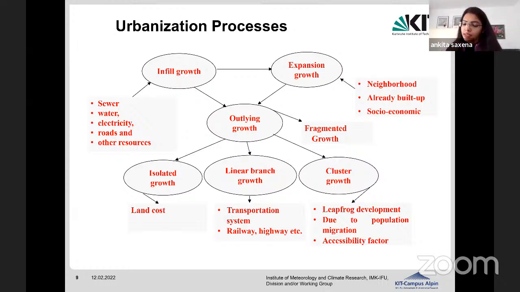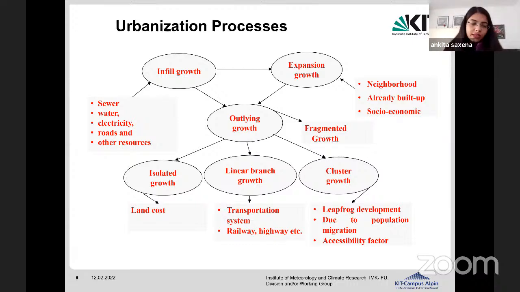If there is some sort of build-up, then there will be needs, and infrastructure is constructed. Again, that is part of urbanization, and hospital facilities, school facilities, different types of facilities to fulfill human needs. So this is how urbanization expands with time.